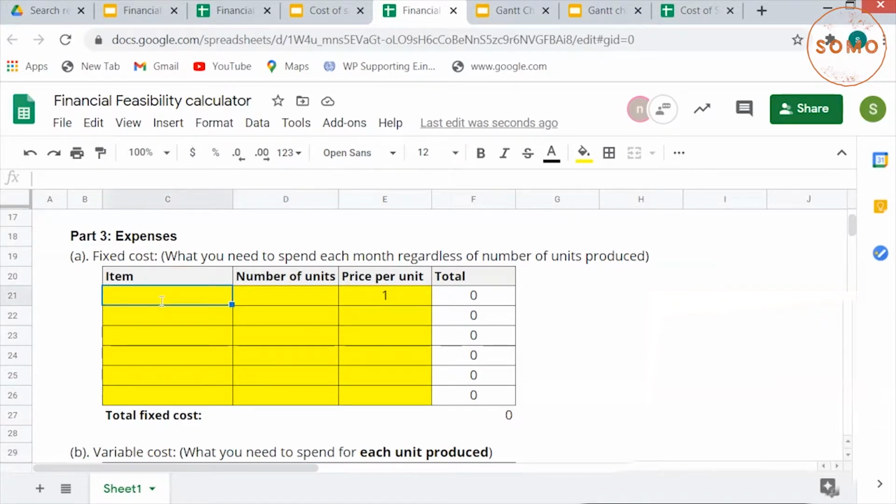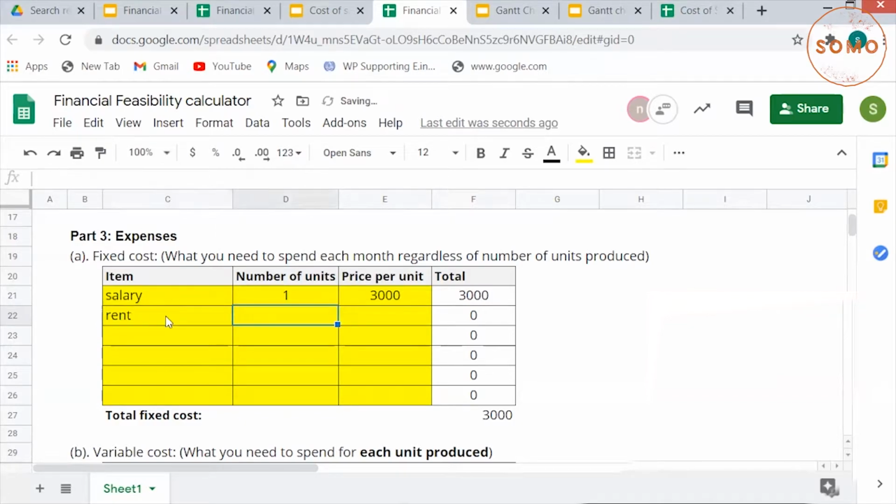So I'll put salary. The number of units in this case is 1, and the price per unit is 3,000. The next fixed cost is rent.